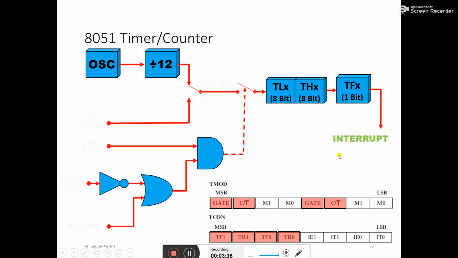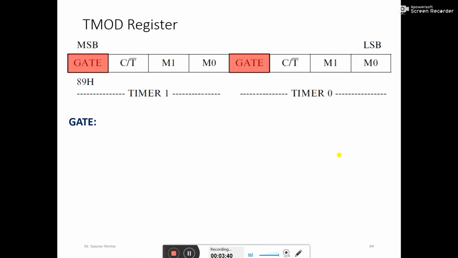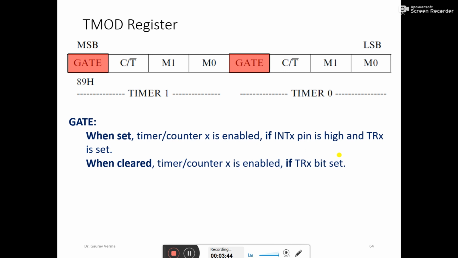So the TMOD register is there, and there are two gate signals. When set, timer or counter X is enabled if the interrupt X pin is high and TRX is set. When cleared, the timer or counter is enabled if the TRX bit is set.